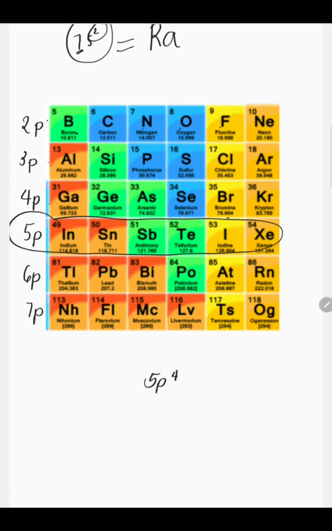Ano yung 4? 5p1, 5p2, 5p3, 5p4. So, what element is 5p4? That is tellurium. Okay? Tellurium. And how many valence electron does tellurium have? Okay, 4. 4 valence electron.